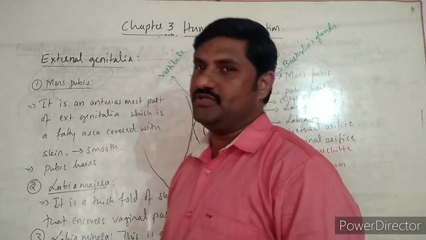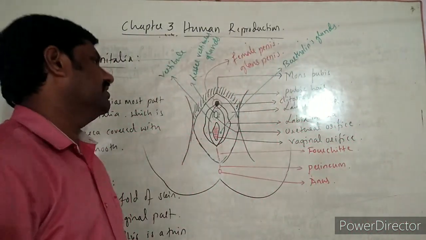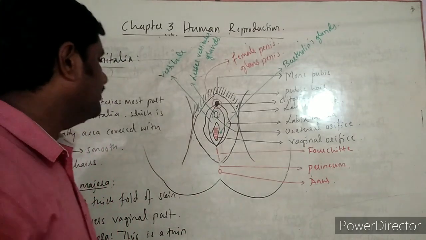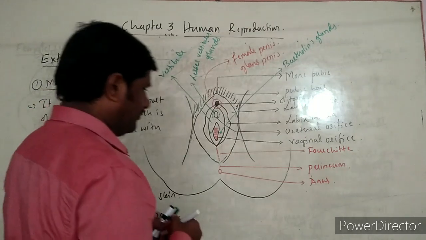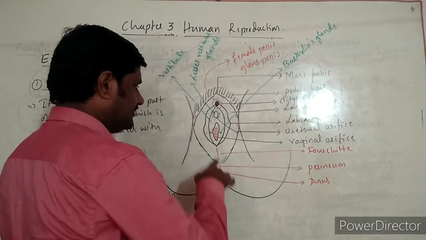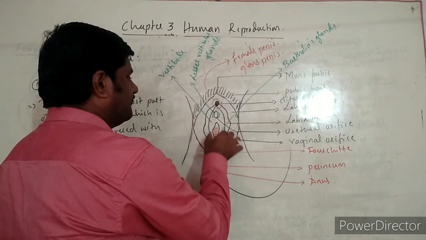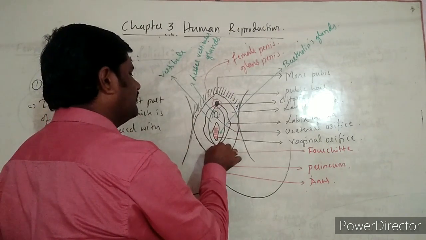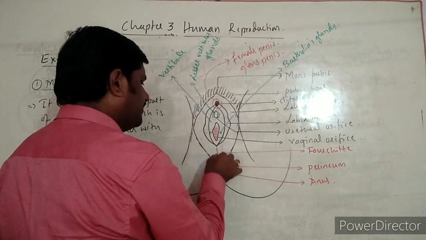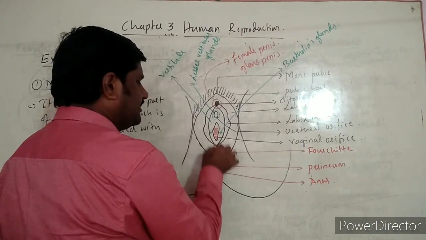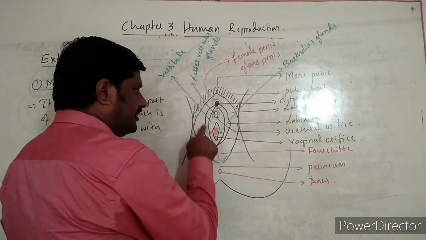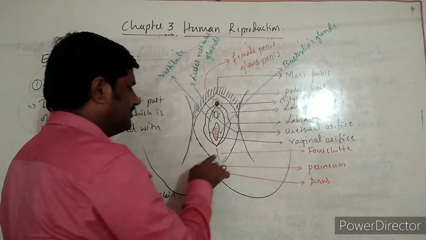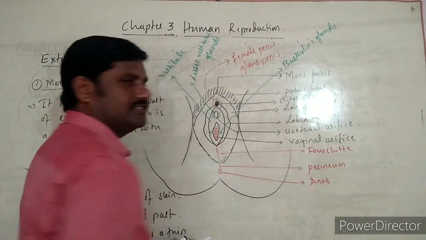So this is the fact you should know regarding the external genitalia. And one more important point to be noted over here. See here, these thin fleshy folds of skin join at one region and continue over here, and the region where these labia minora join is called the fourchette.